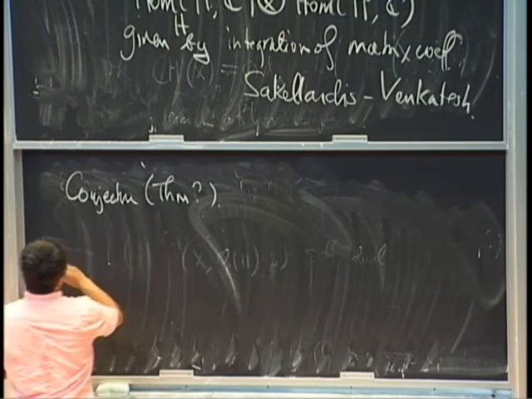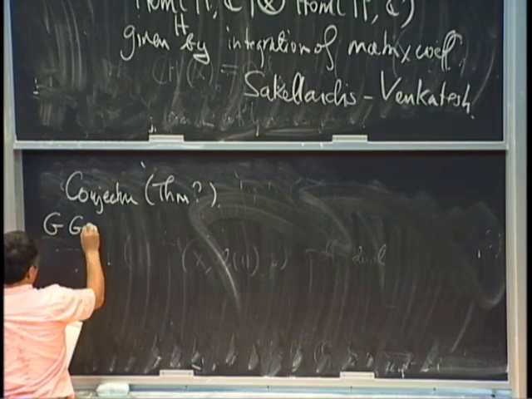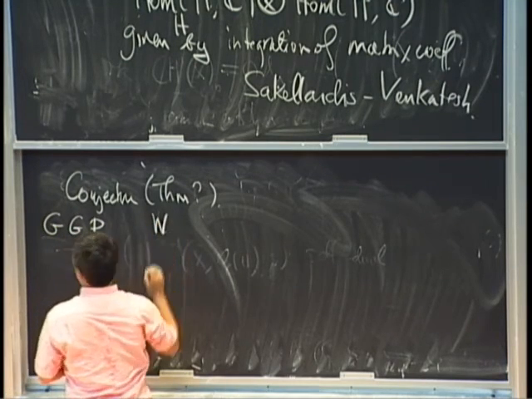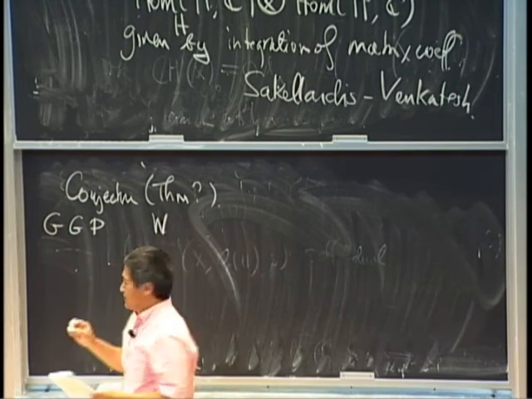So this is the conjecture by Gan Gross Prasad. This is probably done by Waldspurger and his student. What's his student name?